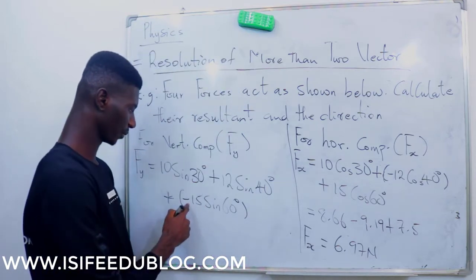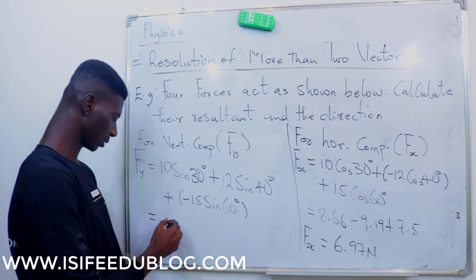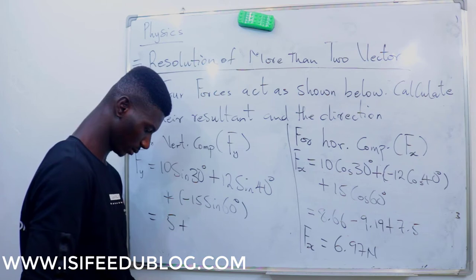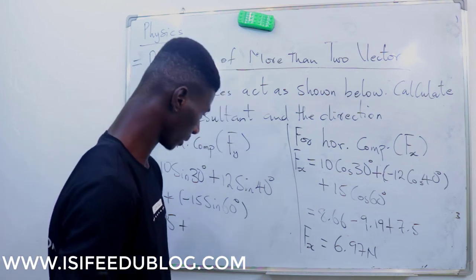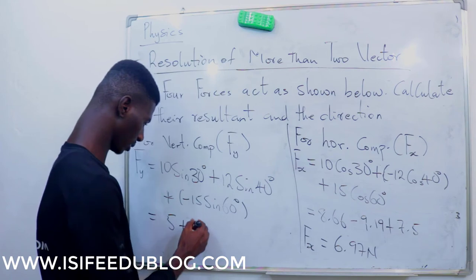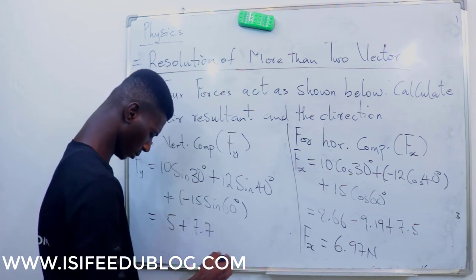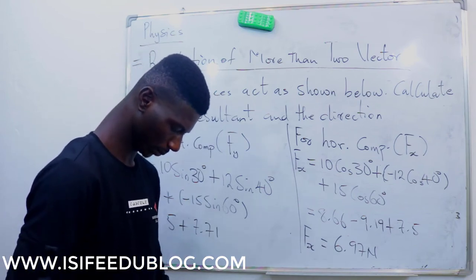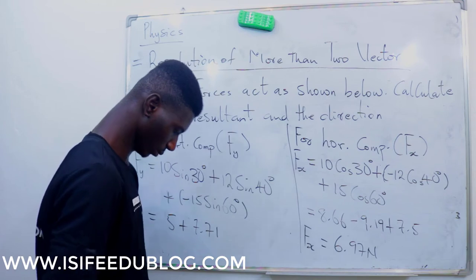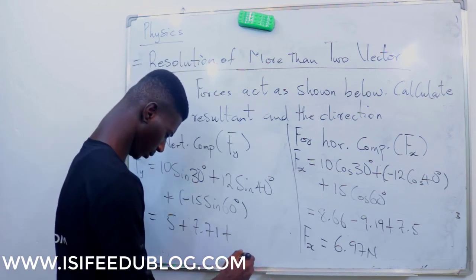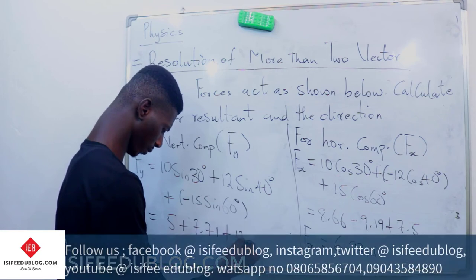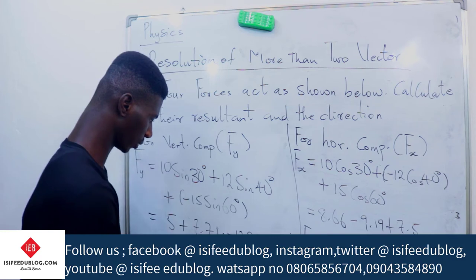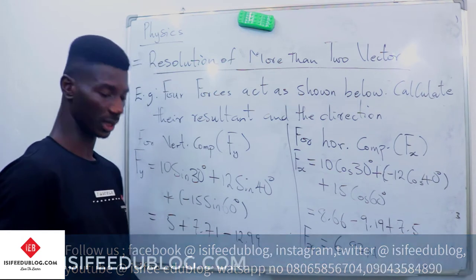Be very, very careful. So we have 10 sine 30 degrees will give us 5 plus 12 sine 40 degrees is 7.71 minus 15 sine 60 will give us minus 12.99.